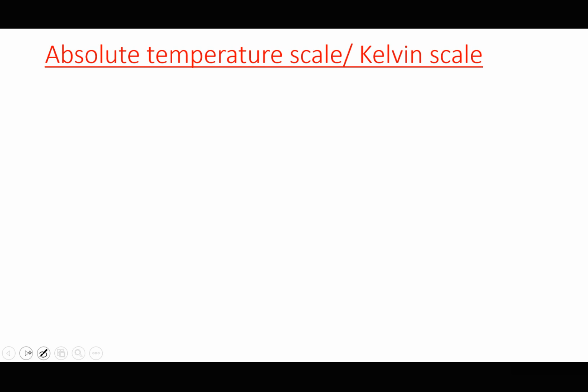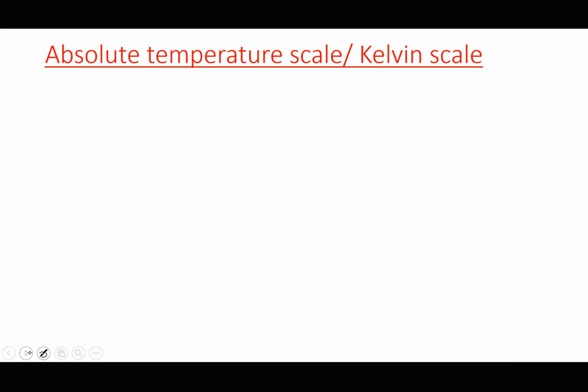So the absolute scale of temperature, one, we have already seen that it does not depend on any property of any particular substance. It does not depend on the thermometric property of any particular substance. Of course, commonly it is called the Kelvin scale, but I prefer to call it the thermodynamic scale.